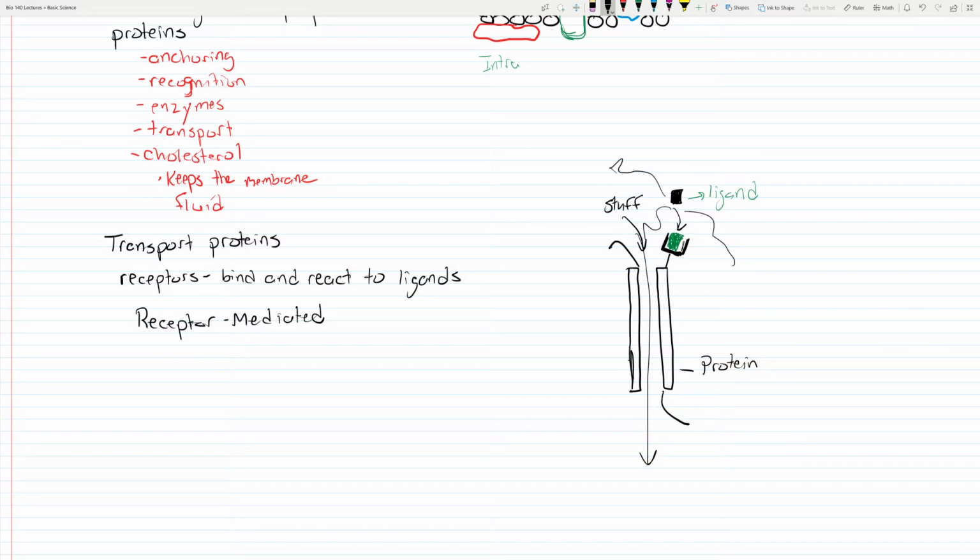It depends on the day and the week. Let's say I need to conduct electricity. I need to move. You're not going to move unless you get an electric current going. So how do we generate an electric current? We have to open up channels. What tells it to open up channels? Electric current tells it to open up channels.